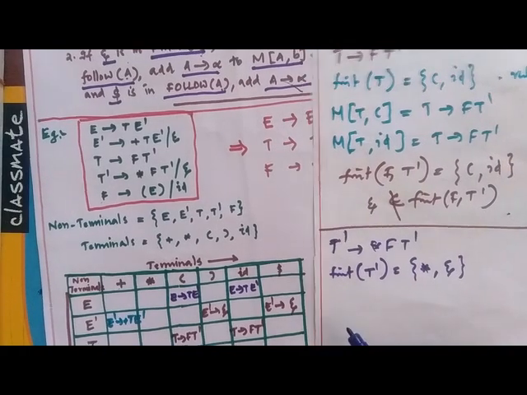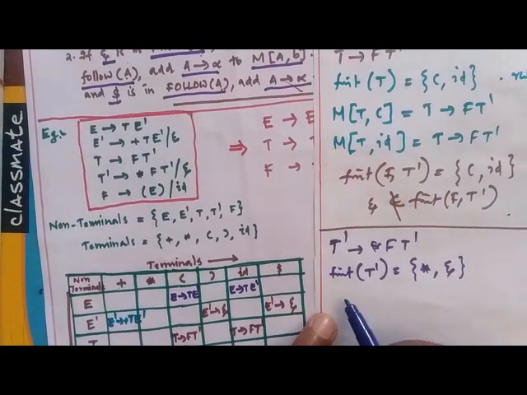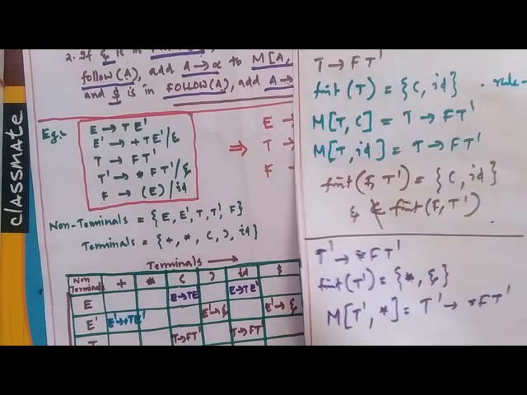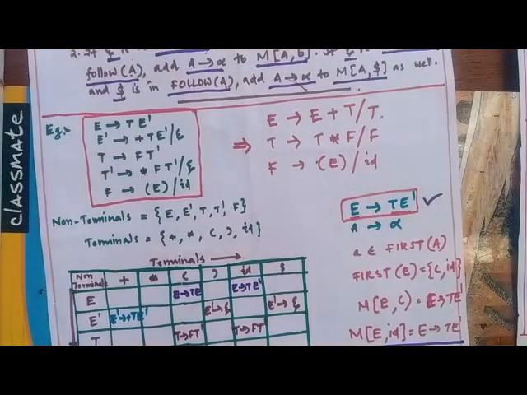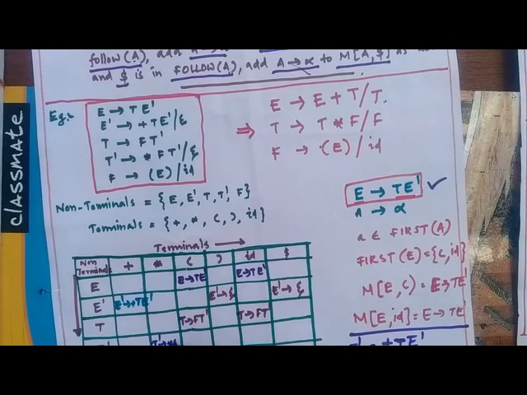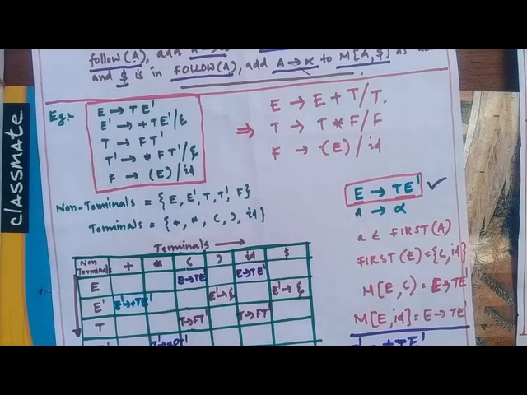Then our rule is telling that in M of T dash, star, we have to add T dash gives star F T dash. So in T dash, star, here we will add T dash gives star F T dash.